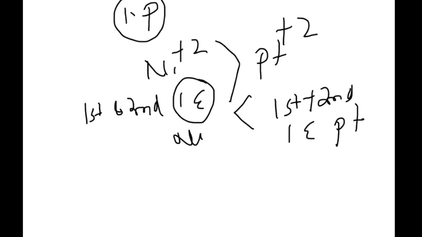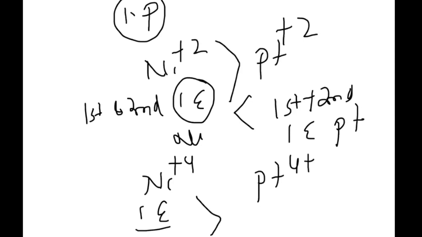And exactly, if we compare the stability of nickel 4 plus and platinum 4 plus, you have to compare the first, second, third, fourth ionization energy. If we compare all these four ionization energies, the first, second, third, fourth ionization energy of nickel is more than that of platinum.